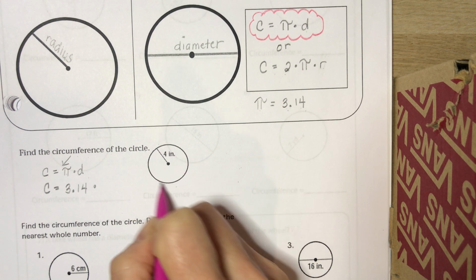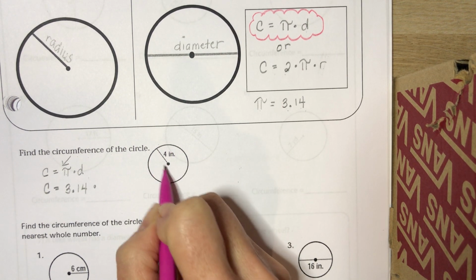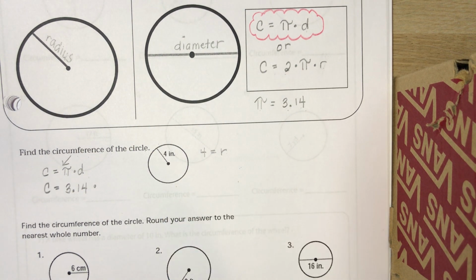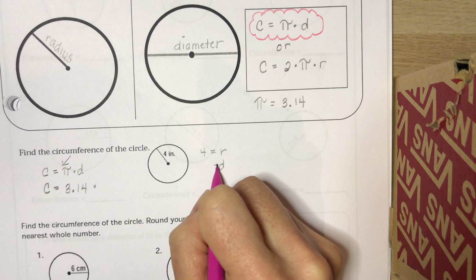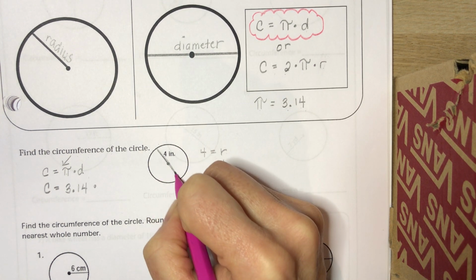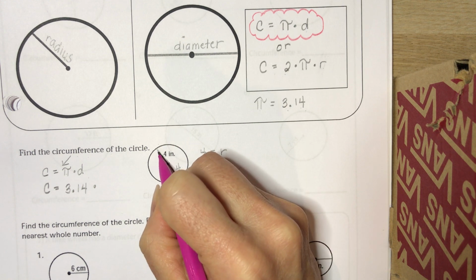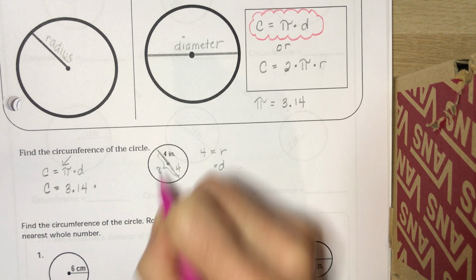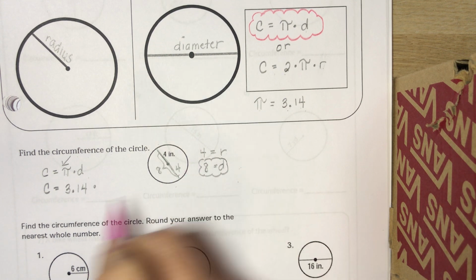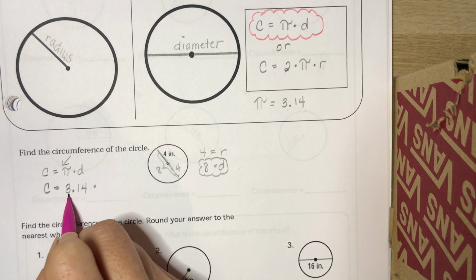Well, let's take a look at the information we have here. 4 is not my diameter. 4 is my radius. If I wanted to find my diameter, the diameter is actually the whole length. And that means this piece would be 4, so the whole length would be 8. My diameter is 8. That's what I want to plug into my formula.